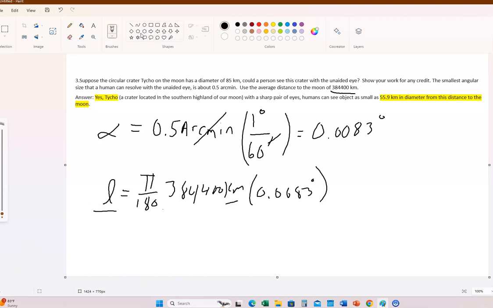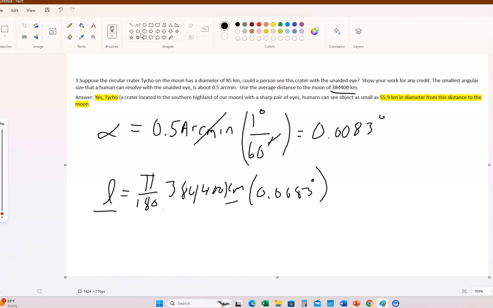So the question is, is L greater than 85 or less than 85? Remember, if this is the limit at which the human eye can see, and this number turns out to be greater than 85, then the answer would be no, you can't see the crater Tycho.